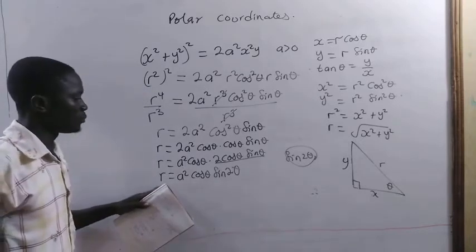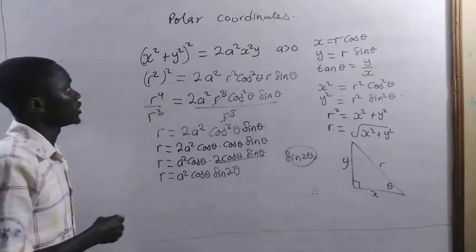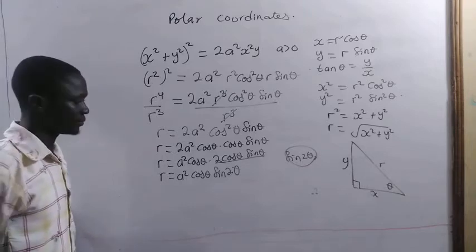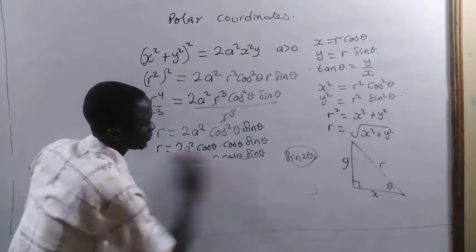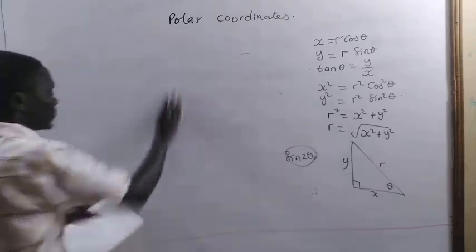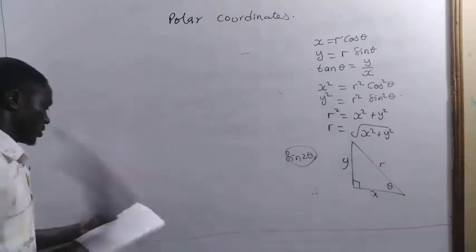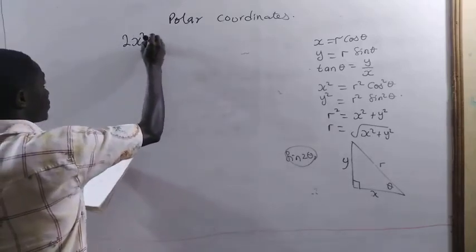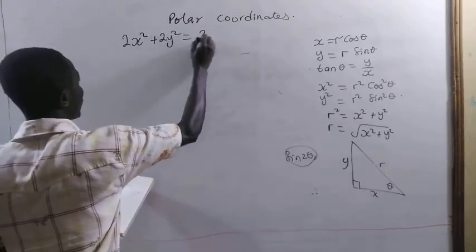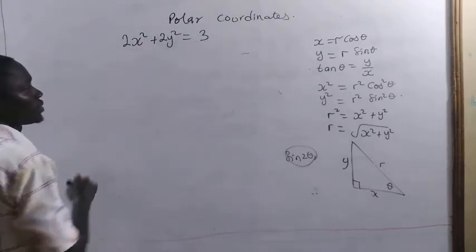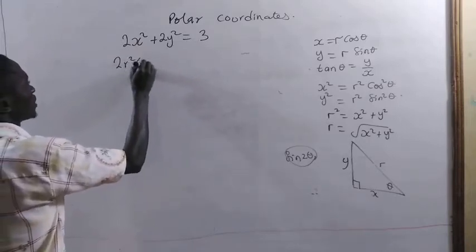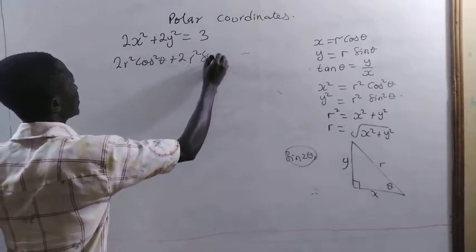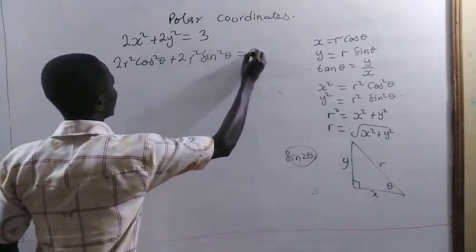So this is the polar equation for the Cartesian equation (x squared plus y squared) all squared equal to 2a squared x squared times y. Now what about this one? If I have 2x squared plus 2y squared equal to 3. Now this one, we are going to have 2 times r squared cosine square theta plus 2 times r squared sine square theta equal to 3.